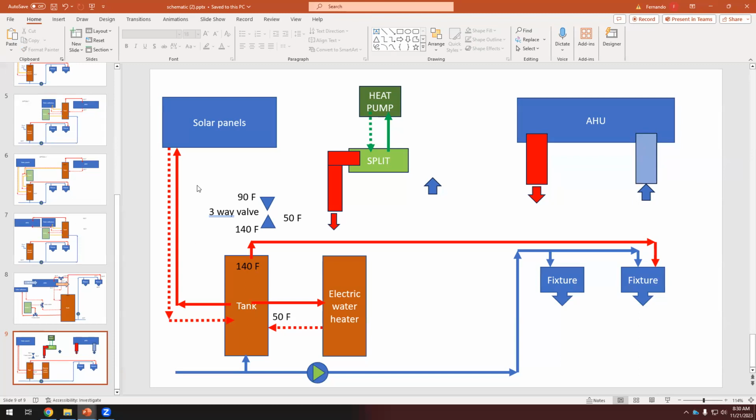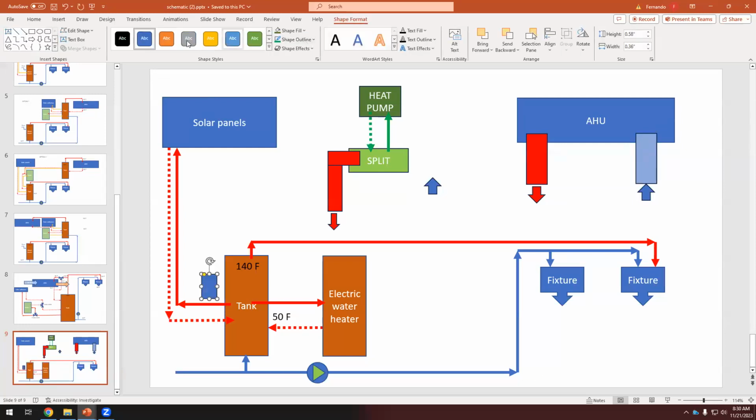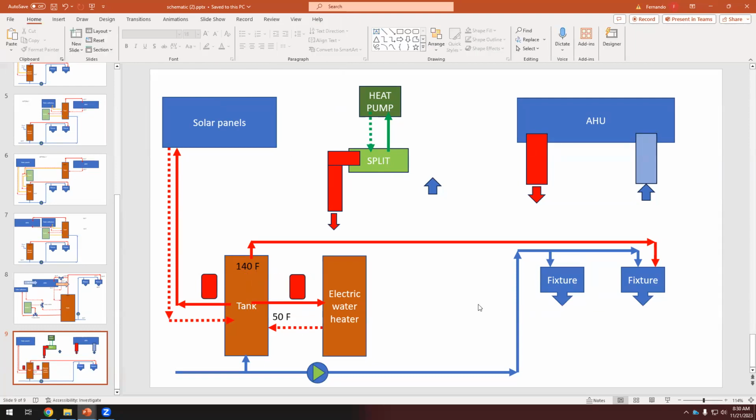And we don't even need this. So we can introduce more elements. If you want to introduce the expansion tank, I'm sure that there should be an expansion tank here and another expansion tank there. There were a lot of expansion tanks in the building, if you remember.